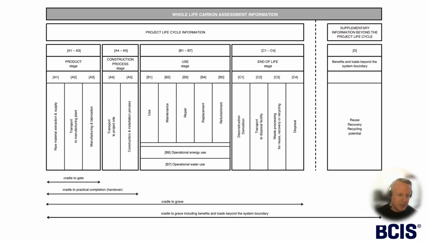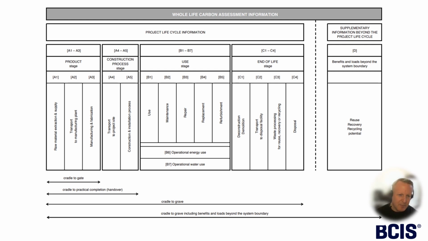So the emissions associated with the raw material, the transportation of that raw material, and the manufacturing of that raw material into a construction product, which is A1 to A3. A then continues into the construction process. So the transportation of that material over to the site, and then the associated emissions by putting all of those components together, i.e. the construction process itself. So that's stage A, which is obviously really important to understand.